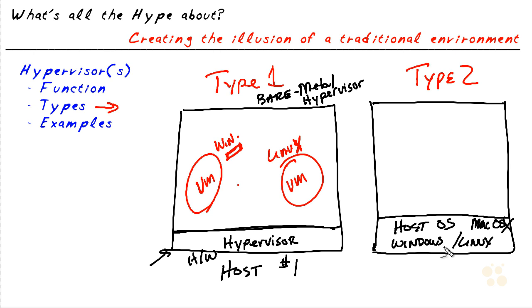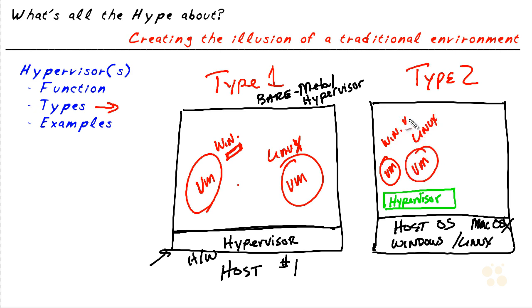But then on top of that, we'd run a separate application, and that separate application would be our hypervisor. So then within this hypervisor, we can create our virtual machines for Windows, and our virtual machine for Linux, or a virtual machine for iOS, which could include the iOS from Apple, or it could include the iOS from Cisco, depending on what type of environment that we're emulating.